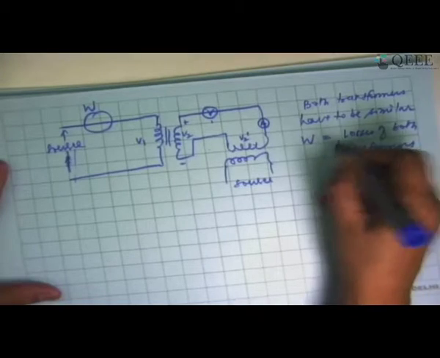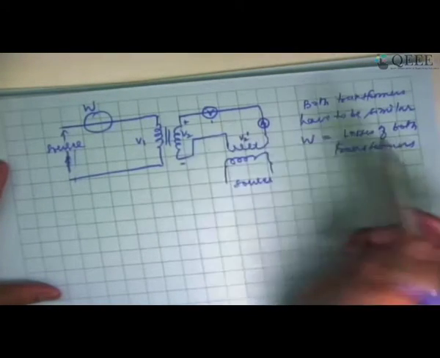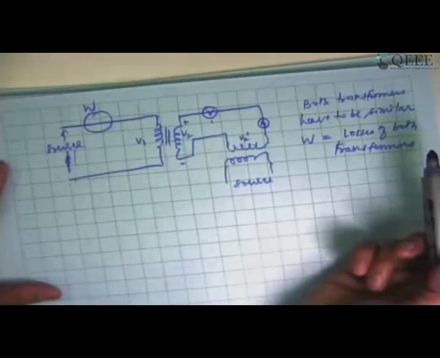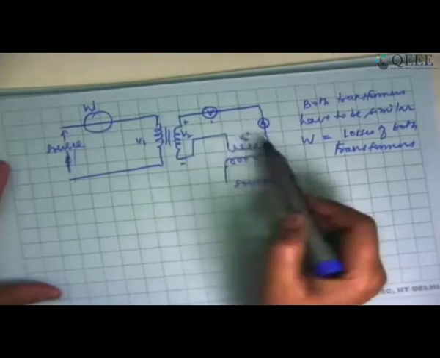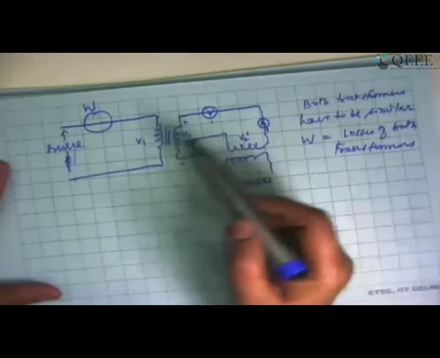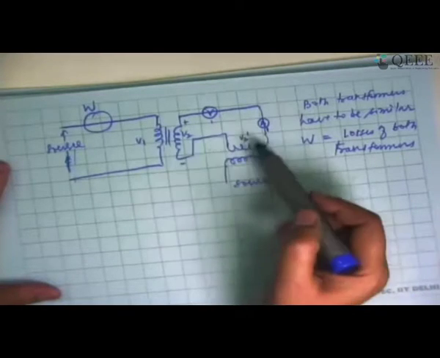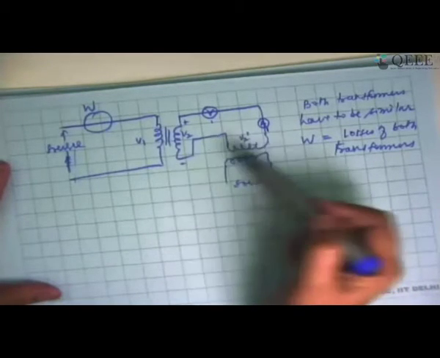So what I can do is, if I make these two voltages exactly equal, it will be as good as open circuiting condition. If I make these two voltages slightly different such that this ammeter reading is the same as the rated current, then it is as good as short circuit condition. So I would be able to conduct both short circuit and open circuit kind of condition. I can create such a situation.